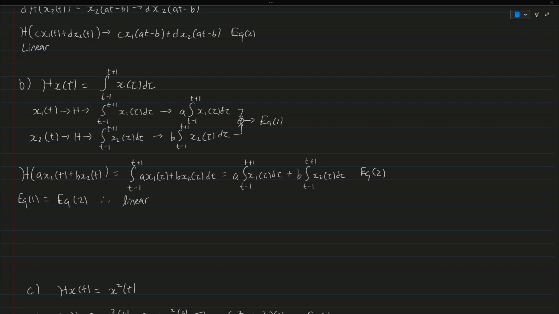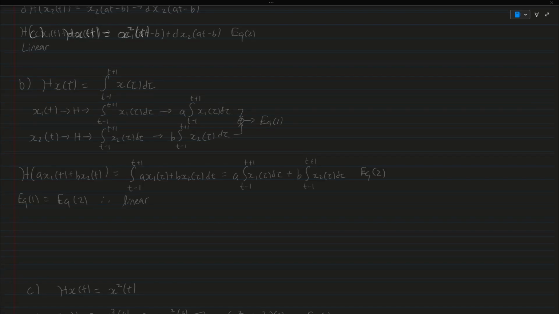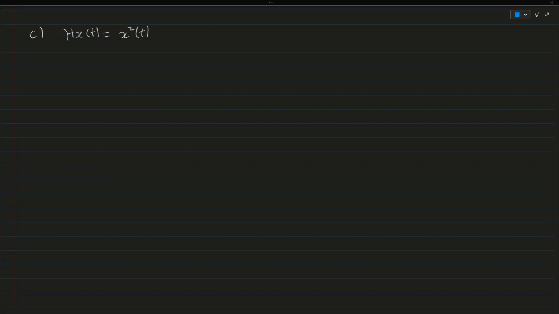Alright, let's do one more problem, and then we're going to move on to time invariance and time variance. For part C, we have to determine if the system is linear. Same steps: x1 goes through the system, we get x1 squared of t, and x2 goes through the system, we get x2 squared of t. Then we multiply by a on the first one and get a x1 squared of t, and here we get b x2 squared of t.